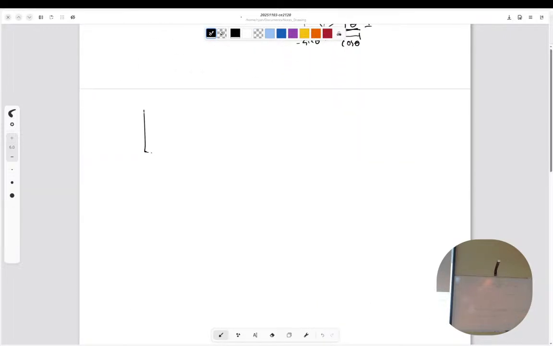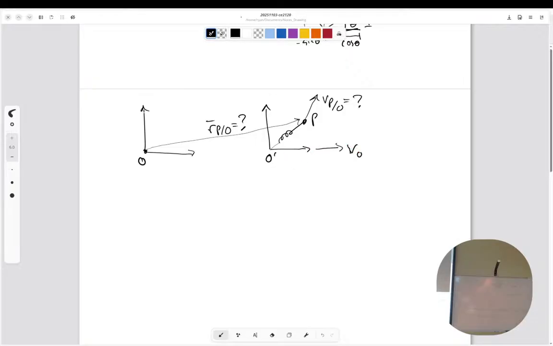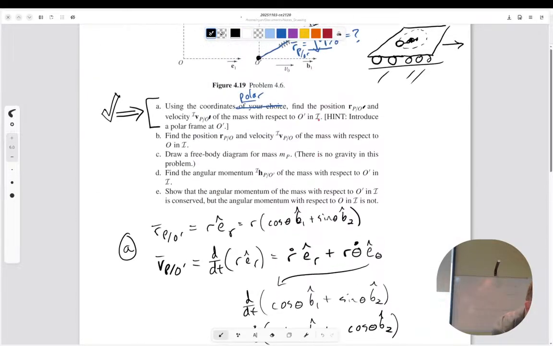All right, I'm going to redraw. We call that v0. Yeah, v0.